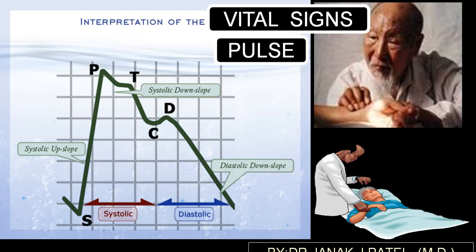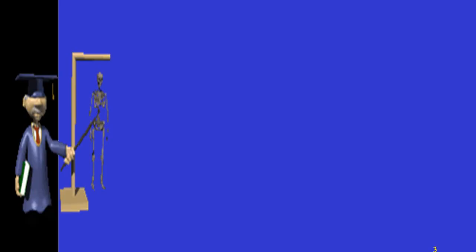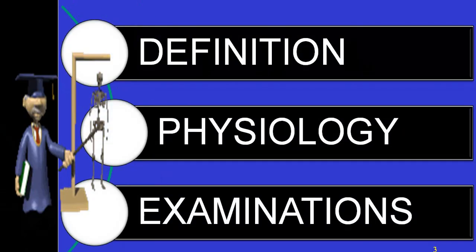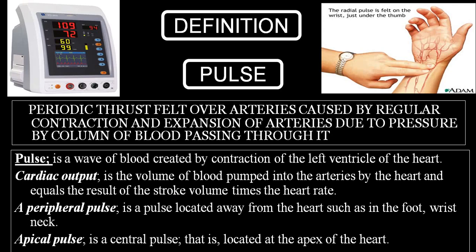If examination of pulse is done very nicely, it is a good vital sign for diagnosis of a good number of different diseases. We'll be discussing under the headings definition, a little introduction regarding physiology, and then pulse examination. So what exactly is a pulse?